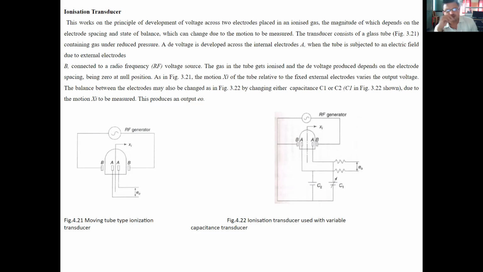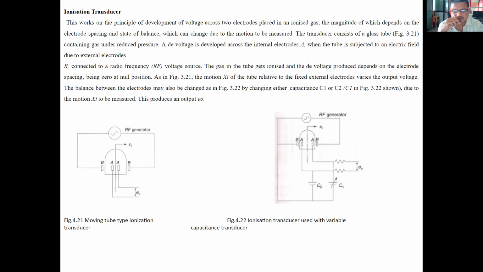The transducer consists of a glass tube containing gas under pressure. A DC voltage is developed across the internal electrodes A when the tube is subjected to an electric field due to external electrodes B connected to a radio frequency voltage source.